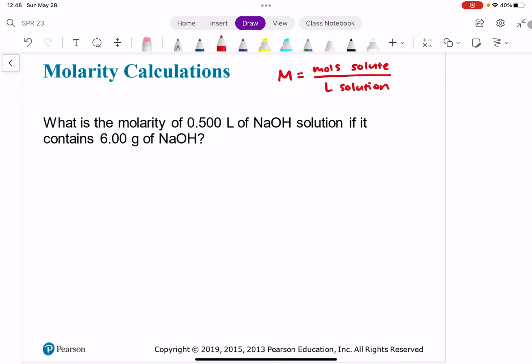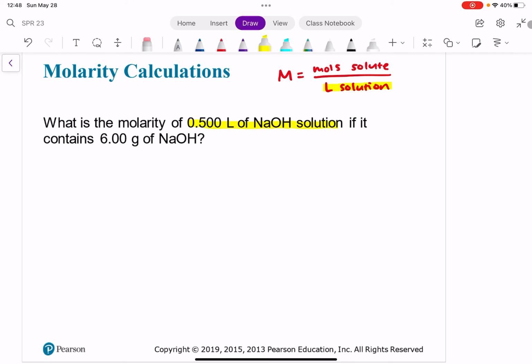All right, so let's go ahead and try this out. What is the molarity, M, of 0.500 liters of NaOH solution if it contains 6 grams of NaOH? We're given our volume in liters, so that's perfect.